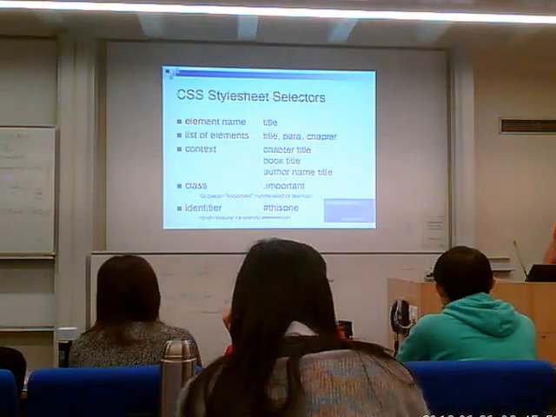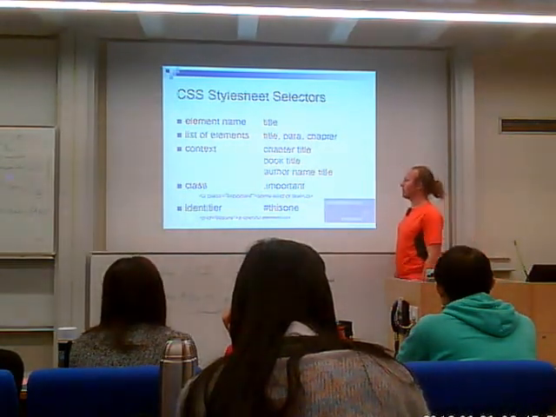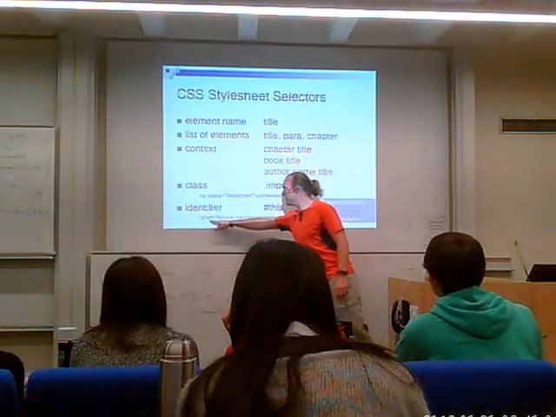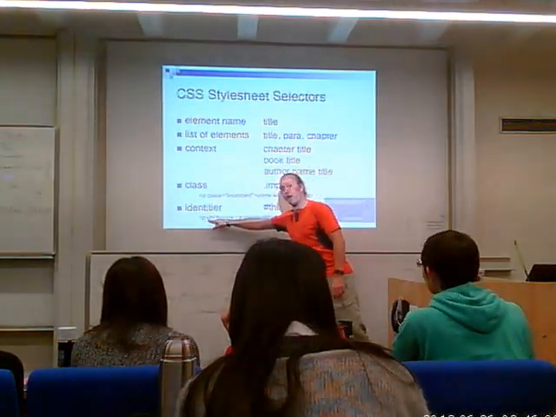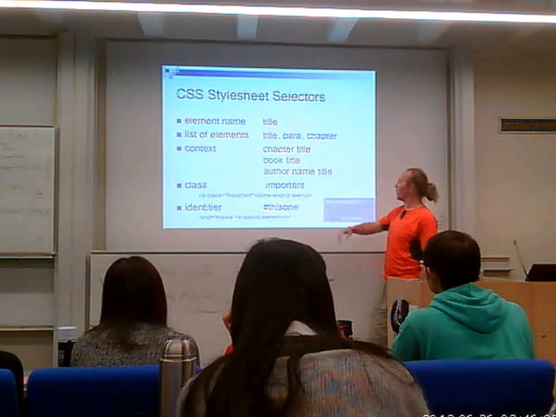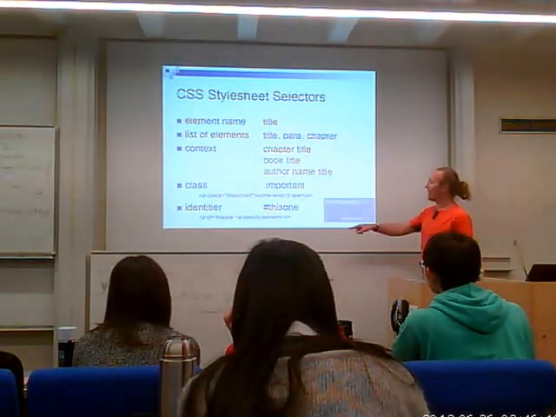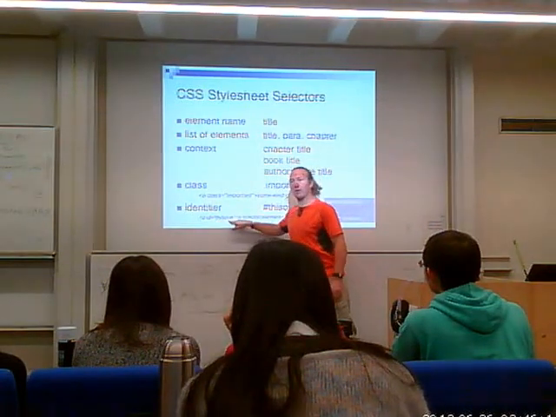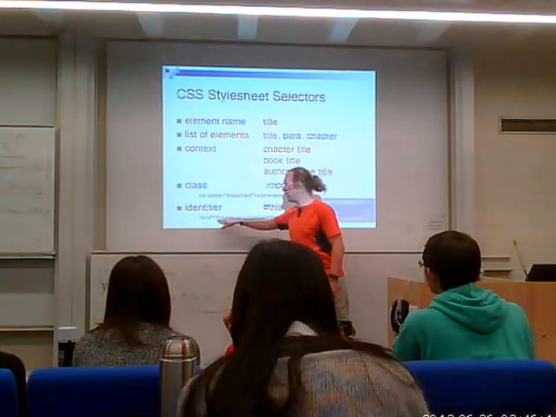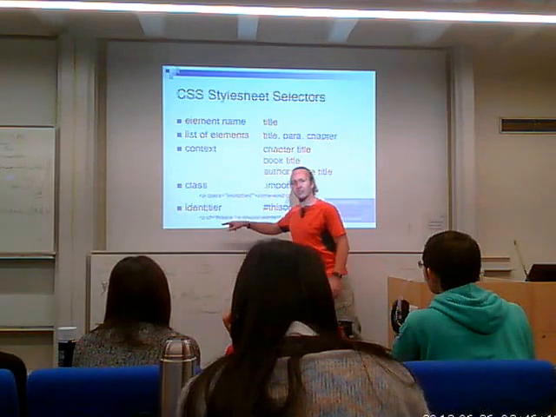A selector on a similar note is the identifier, the ID tag. So paragraph ID equals something, this one allows you to refer to a specific element. The idea being that this value is unique per element, so no other element is meant to have this.